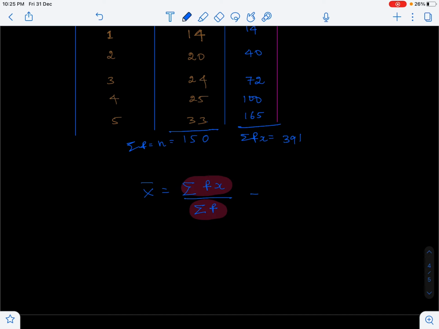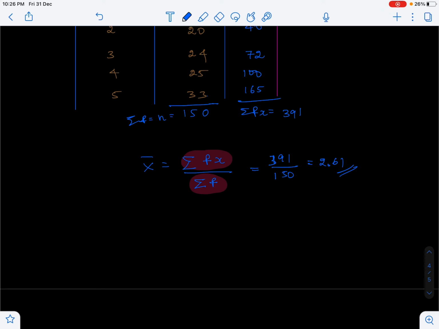So summation of fx divided by n, 391 divided by 150. Therefore, the arithmetic mean will be around 2.61.